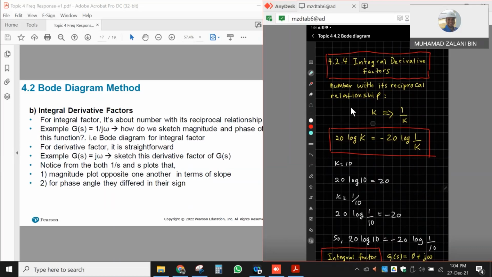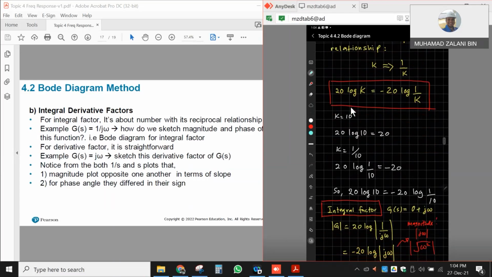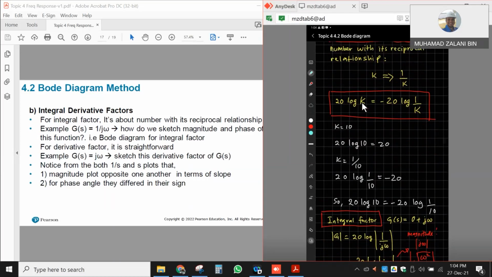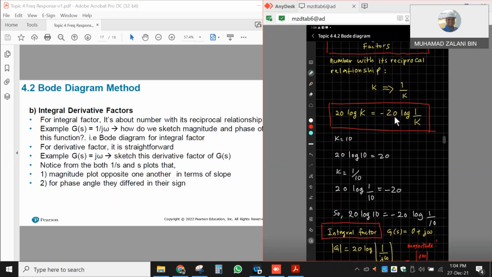Then if we represent it in the form of power decibel, 20 log k, we can rearrange this log function to negative 20 log 1 over k. So this is k and that is the reciprocal.